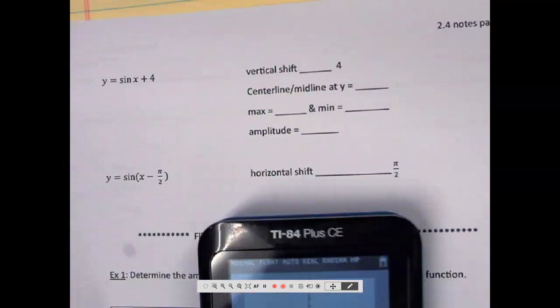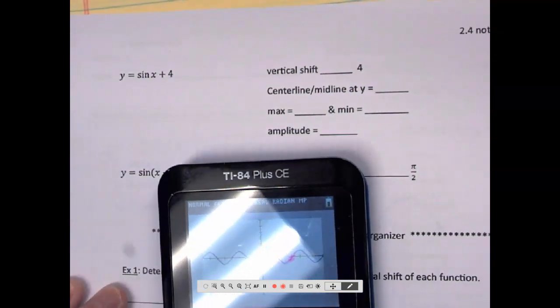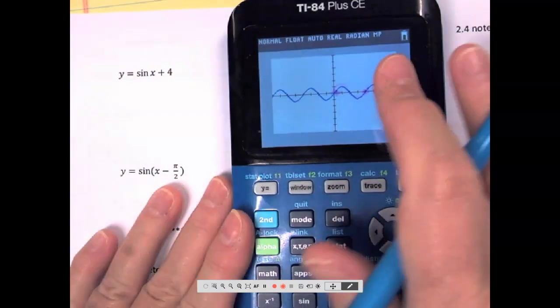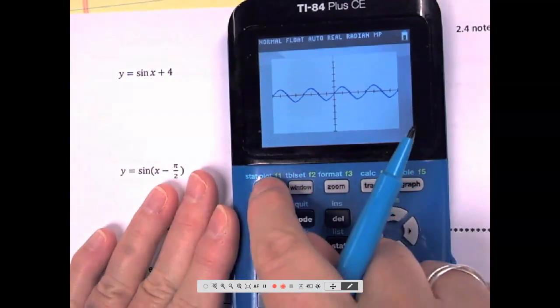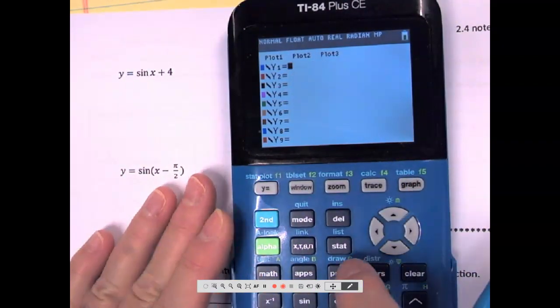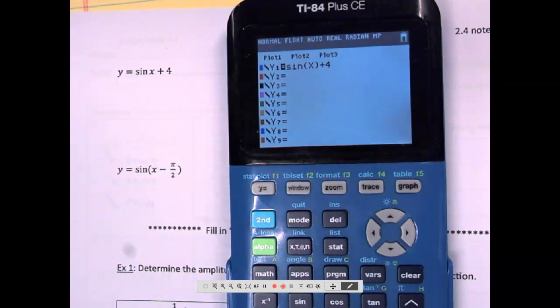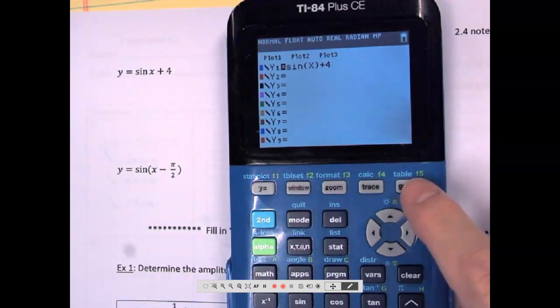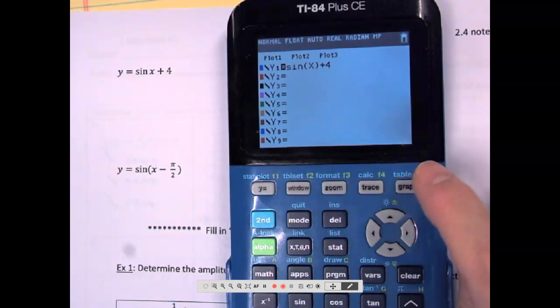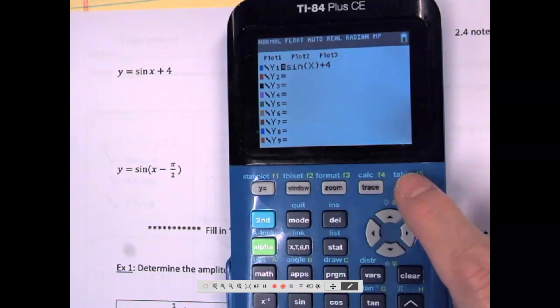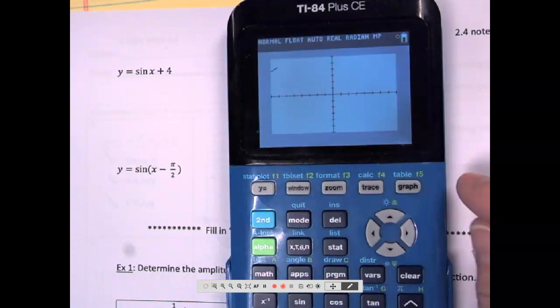Next, let's change it up by just putting a +4 at the end. Be sure to close off that x so your calculator doesn't think the +4 is part of the sine. What happens to a function if we tack on plus something?